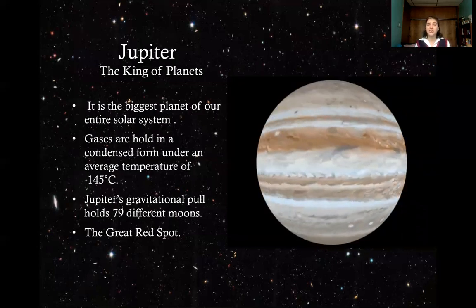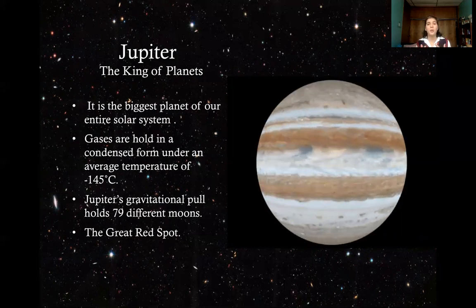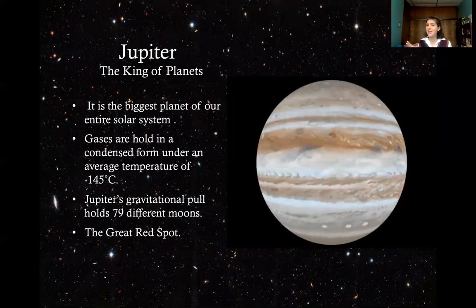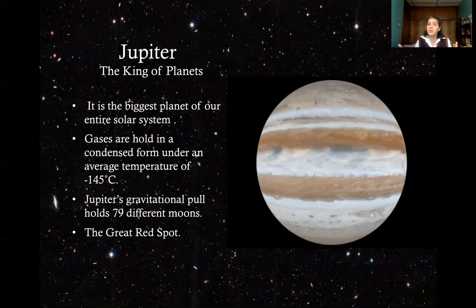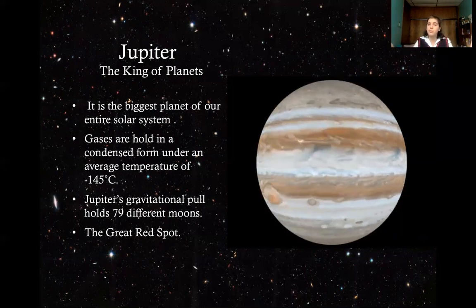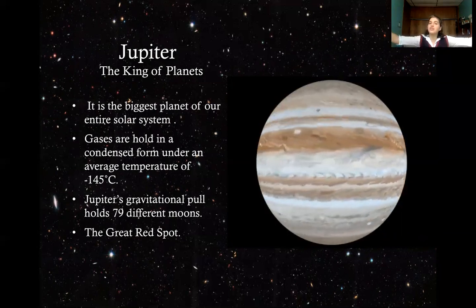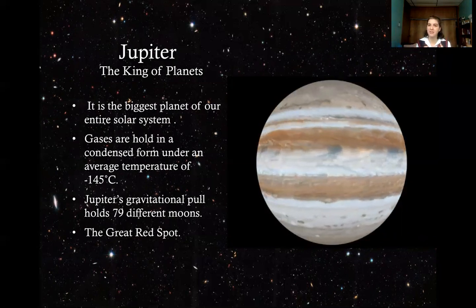Jupiter has a gravitational pull that holds 79 different moons. Okay, we only have one, Mars has two, and Jupiter has 79. That's way too much, but that tells you how big the gravitational pull of Jupiter is. The gravitational pull is the ability to attract different objects in space because of gravity.